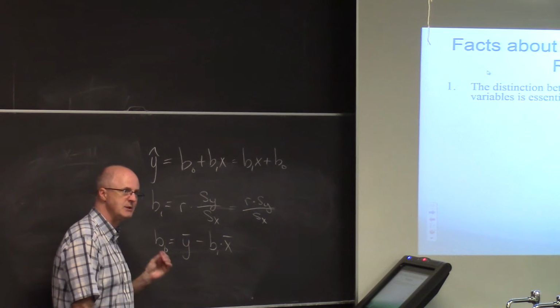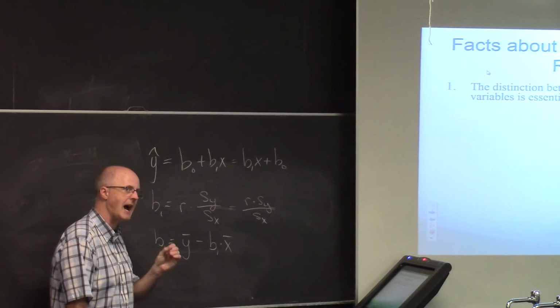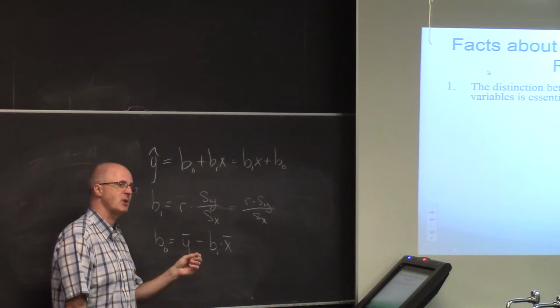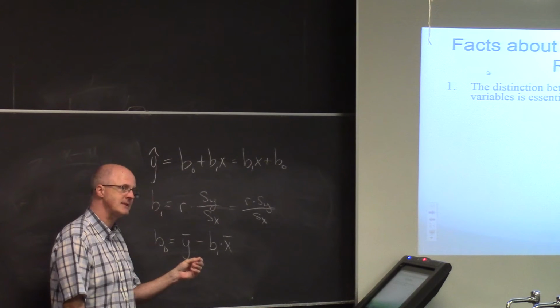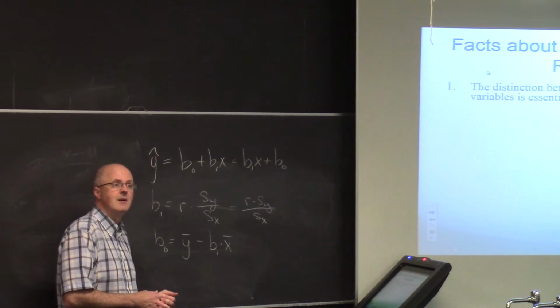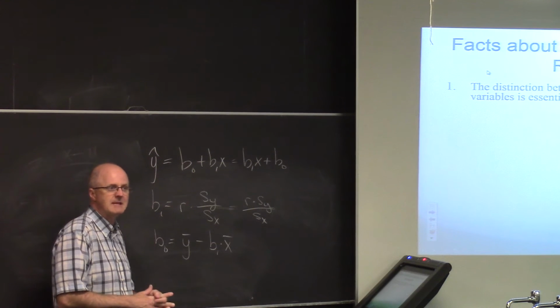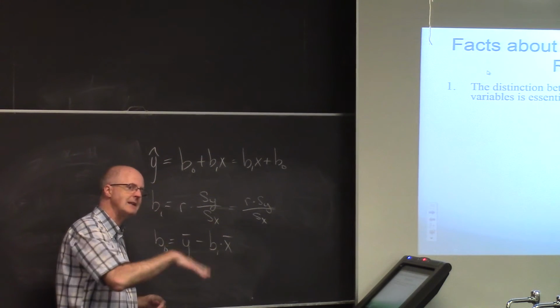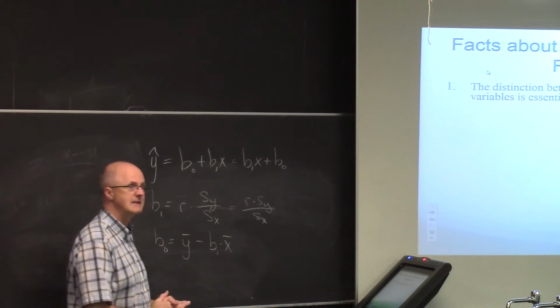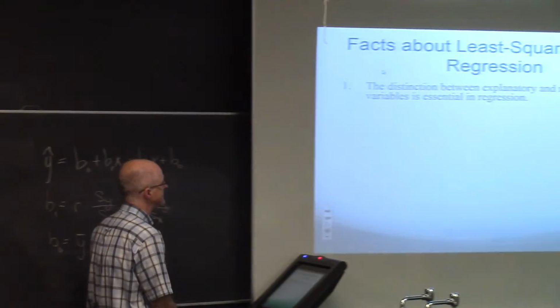So it's essential in using these formulas that you decide what's explanatory and what's response, or you're told by the book. Sometimes you have to decide, and sometimes you even have freedom in deciding, and it could go either way. But sometimes it makes more sense to think of one variable as responding to another, and one variable as explaining the other. It depends on the situation. But you must keep track.